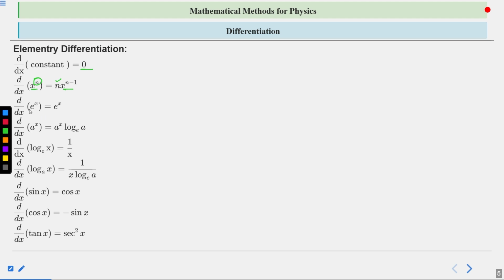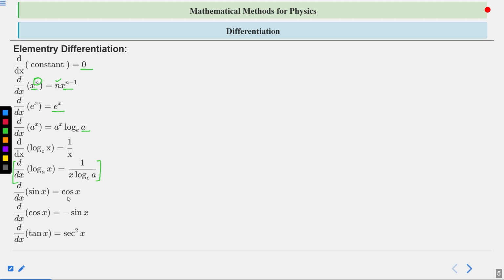And differentiation of e raised to the power x is always e raised to the power x. And differentiation of a raised to the power x with respect to x will be a^x log_e a. So this is the elementary differentiation. And differentiation of log_e x is 1 by x. And differentiation of log_a x is 1 upon x log_e a. This one.